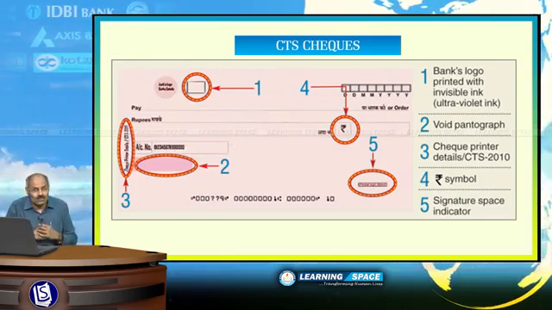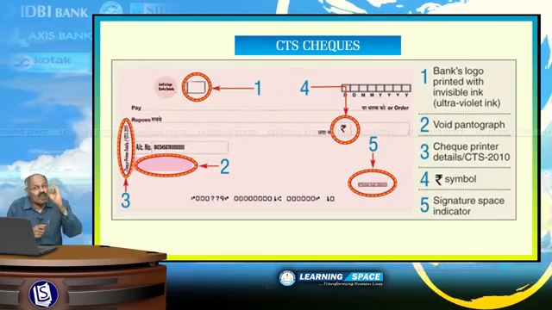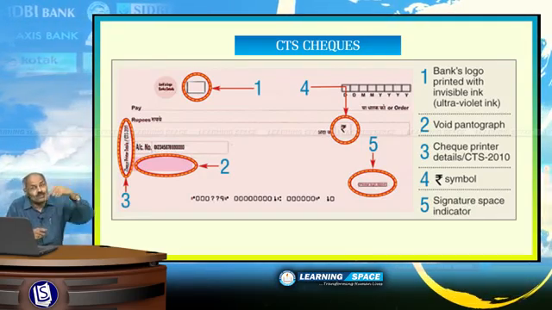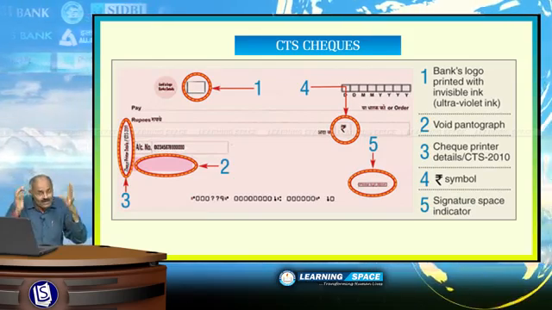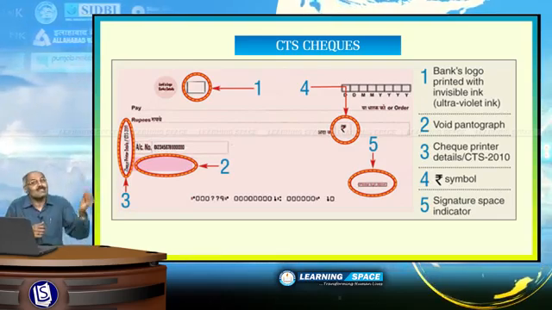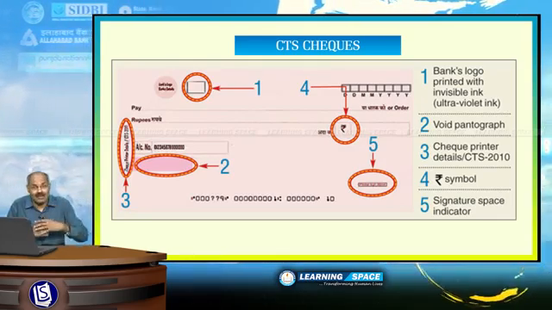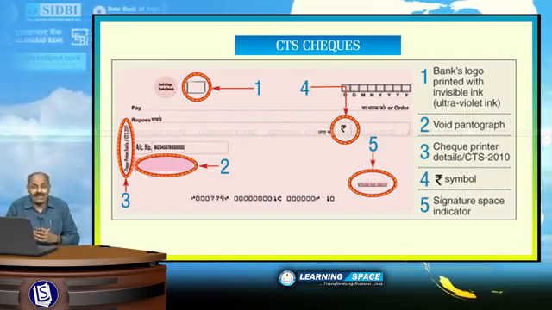Now the Reserve Bank has said that non-CTS checks should be cleared only once in a week, so as to discourage non-CTS checks. So you can presume that in due course of time, CTS checks will be there in the entire banking system. Now 99% of the checks in the banking system are CTS checks.